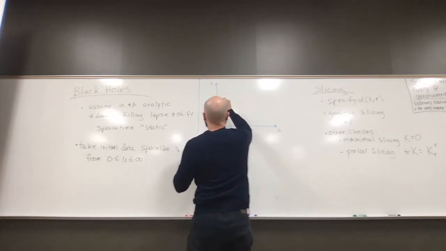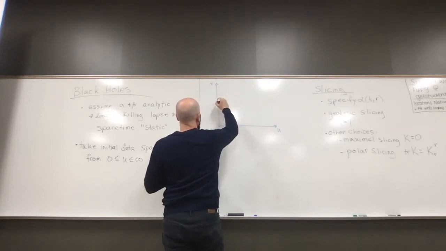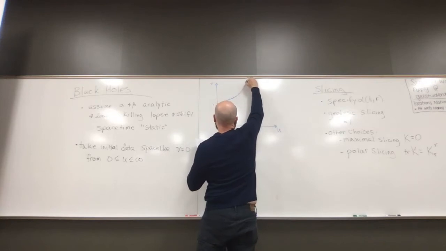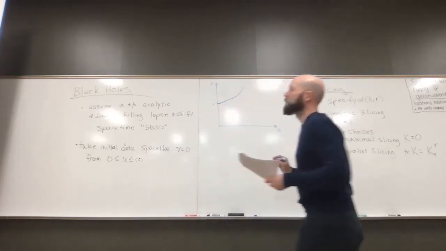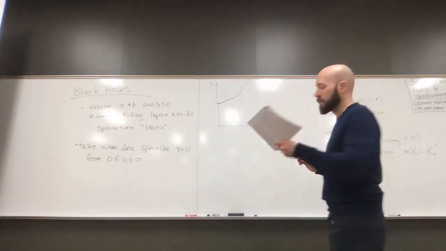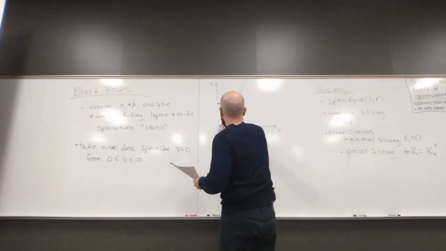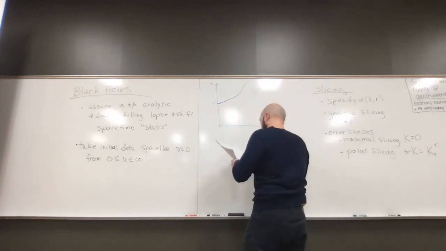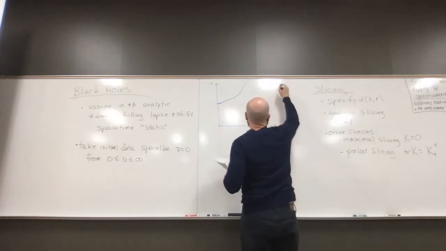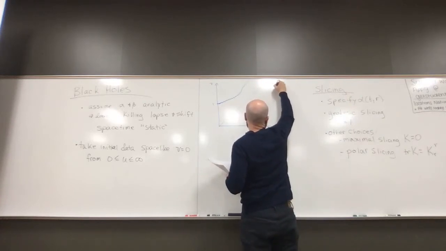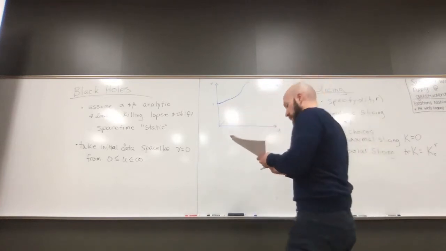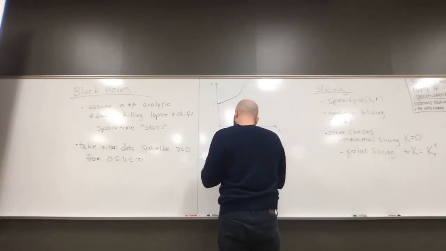And in this, right at the top, that's my singularity, always a squiggly line. And this is V equals U, that line there. It's also R equals 2m, the Schwarzschild radius, or the radius of a Schwarzschild black hole.